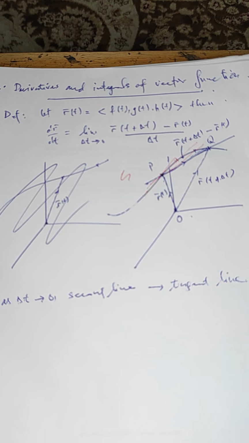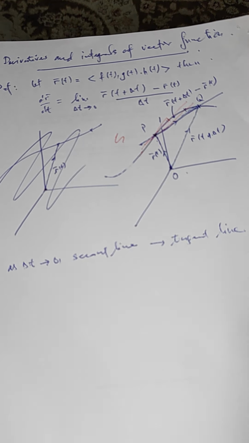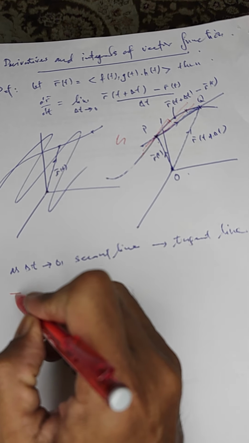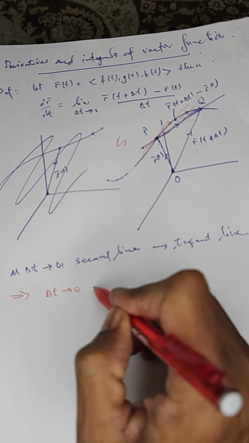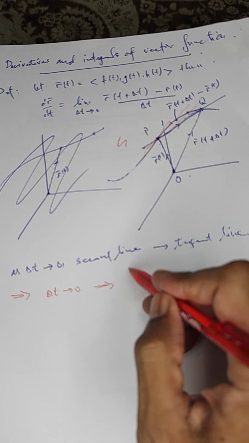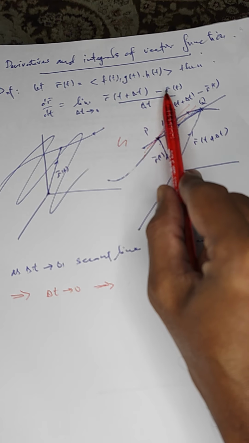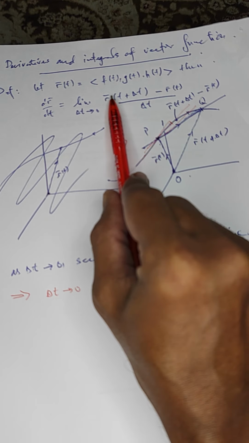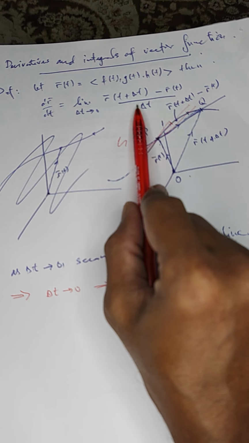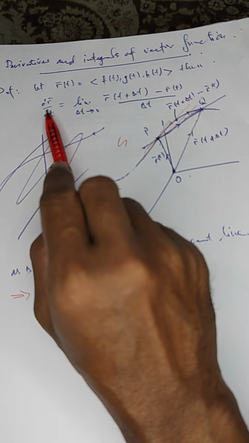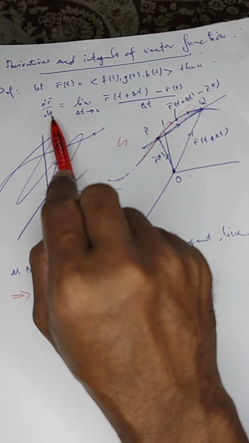What we have is that as delta t approaches 0, r(t + delta t) gets close enough to r(t), and that gives you dr/dt.